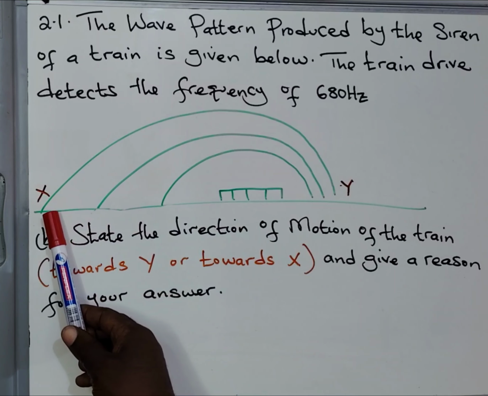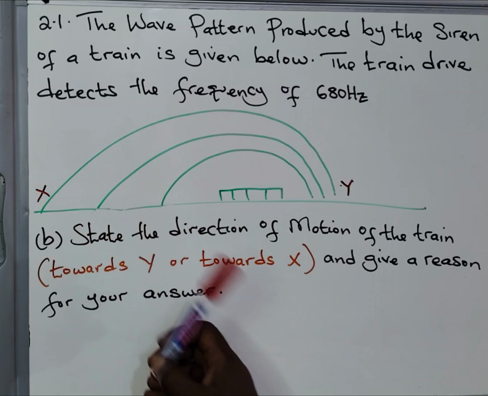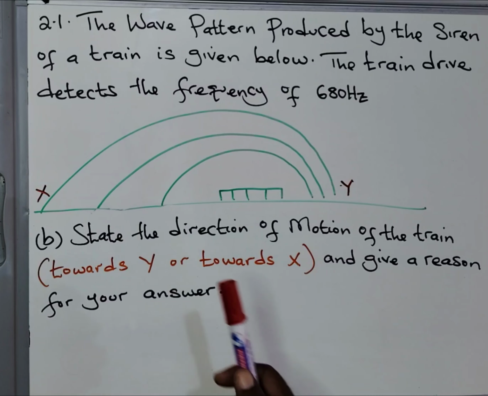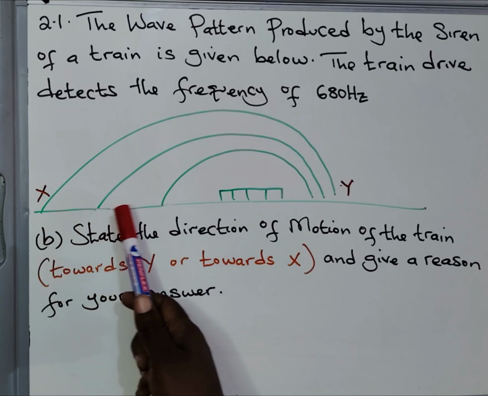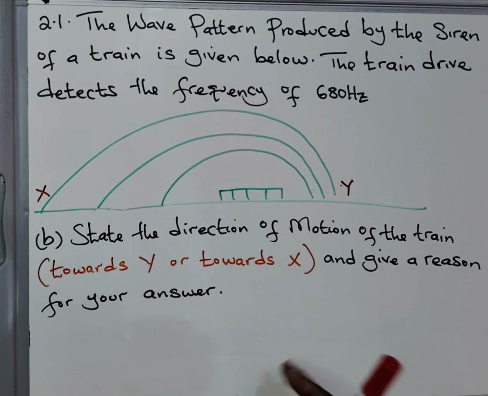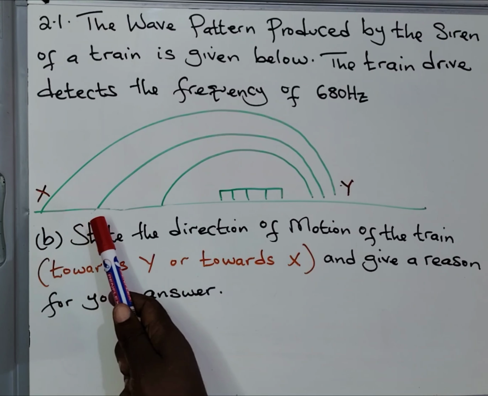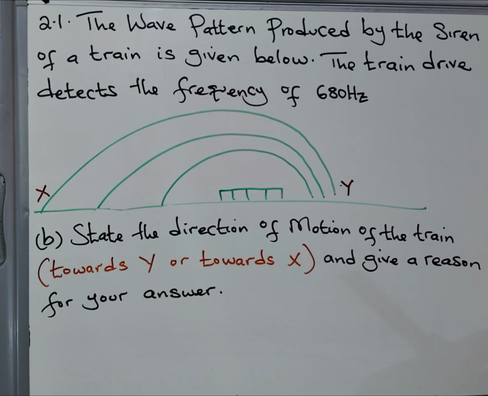Well, towards X, the wavefronts are sparse. And what do we see towards X? The wavefronts are sparse, wavelength is longer, and frequency lower. So from here, what do we assess?